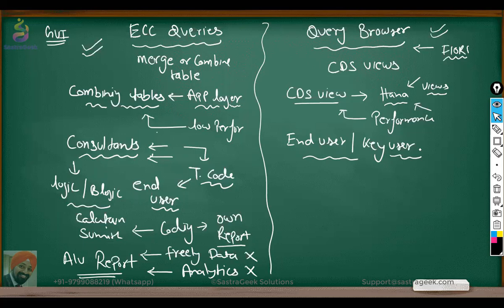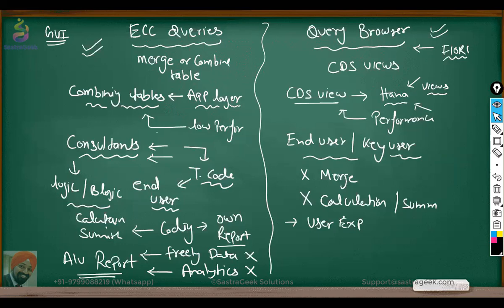In this functionality, the query browser doesn't allow you to merge the tables. Table merging is not available. You would not be able to do any kind of calculation or summation. But the functionality is focused on giving a user experience.